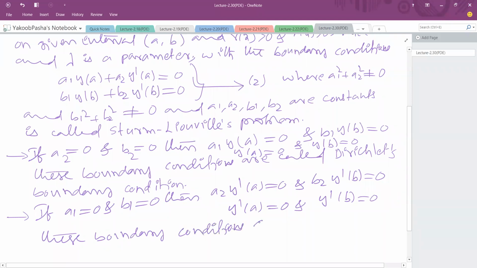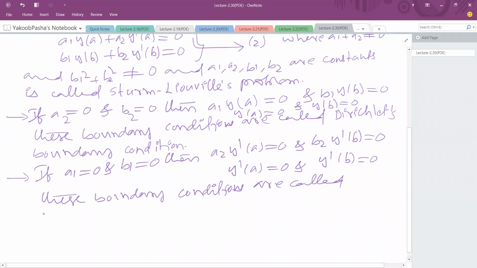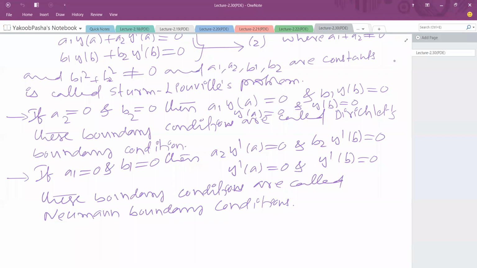Neumann is the name of the mathematician. In this case, the problem is called the Neumann boundary value problem.